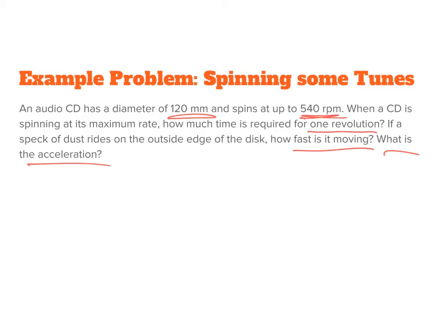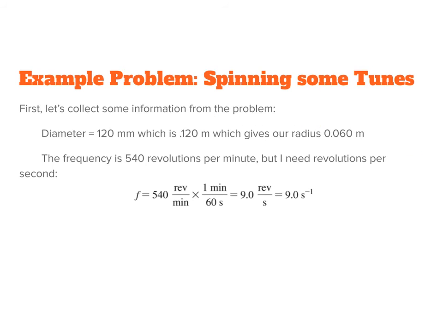So I'm going to go ahead and start by actually changing some of our numbers here because they're not in familiar terms with us. So first, let's collect some information about the problem. It said the diameter is 120 millimeters, which is 0.120 meters, but actually the radius is half that, so we get 0.060 meters, and frequency is 540. That's f, that's our frequency.